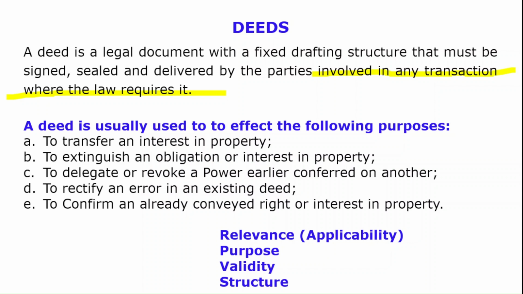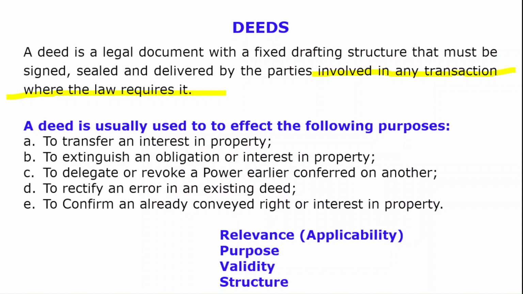An example of such transaction is a sale of land transaction, where a deed of assignment is prepared in order to transfer legal interest in that land to the assignee. Another example is a mortgage transaction, by way of legal mortgage, right? Where the mortgagor wants to secure a loan from the mortgagee, or wants to guarantee that he will carry out an obligation, and he intends to use his legal interest in land to secure that loan.